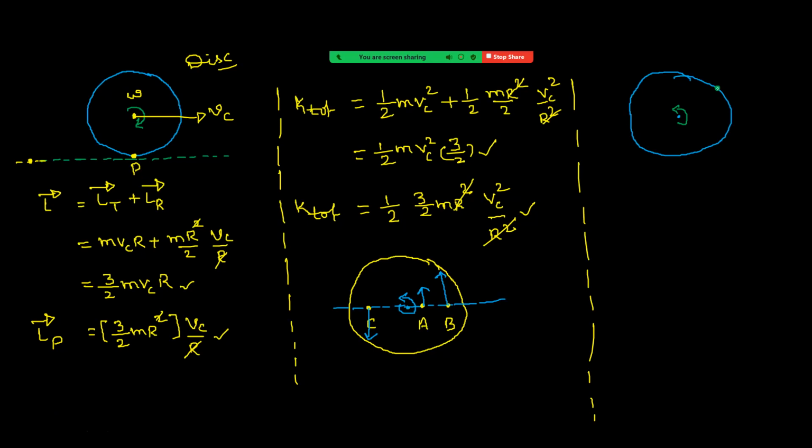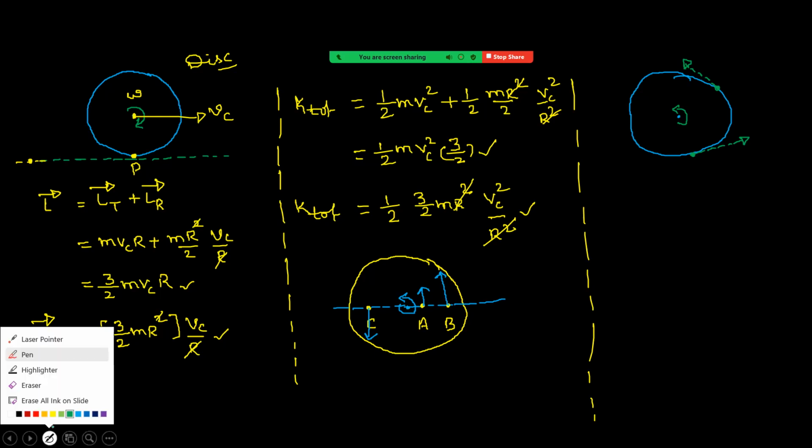For this point, because of rotation, velocity is along the tangent, right? Velocity is always along the tangent because when a body is in pure rotation, except for the points on the axis of rotation, all remaining points follow a circular path. Okay, I am taking one more point somewhere here. For this point, velocity is again along the tangent, right?